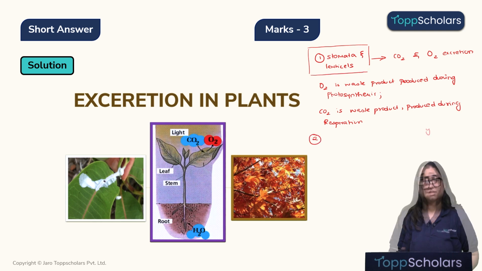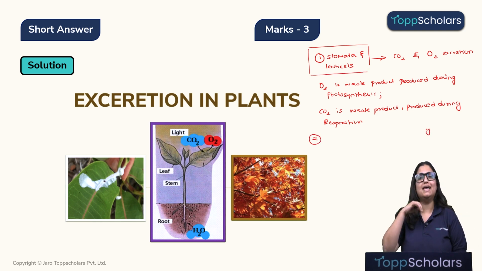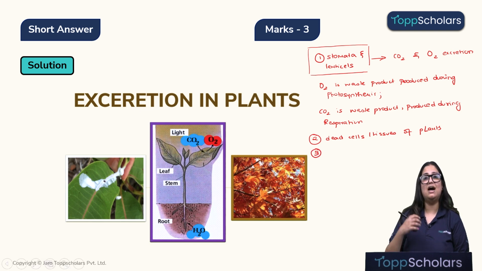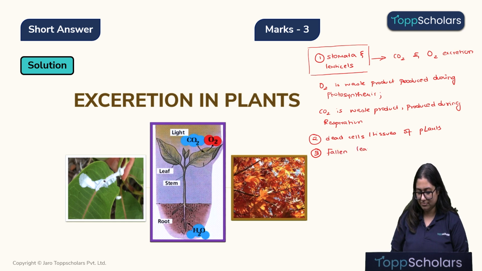or it is excreted out through stomata and lenticels. Now, the second way through which the plant excretes the other waste products is by sending all that waste into the dead cells or tissues of the plants. Some of these waste products are removed from the plant in the form of fallen leaves and fruits.